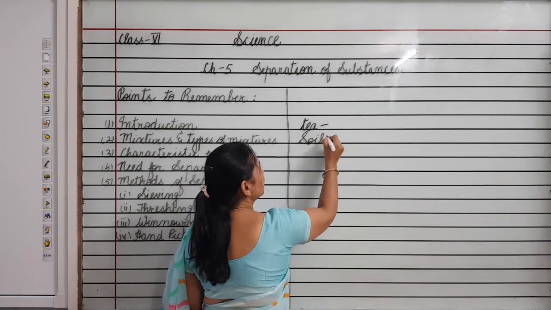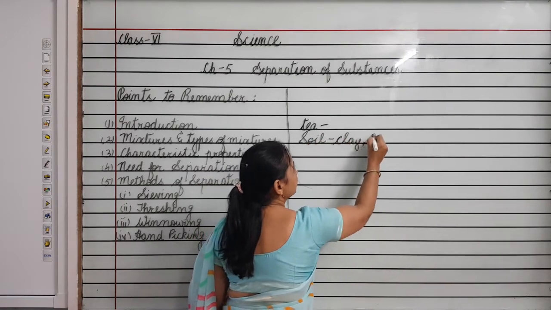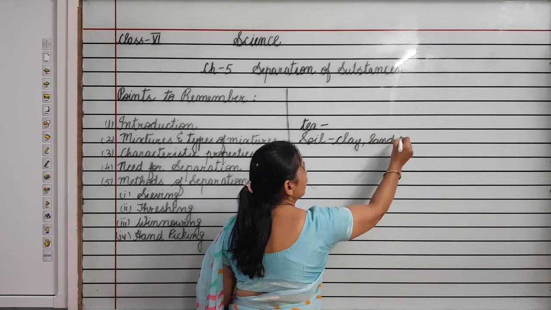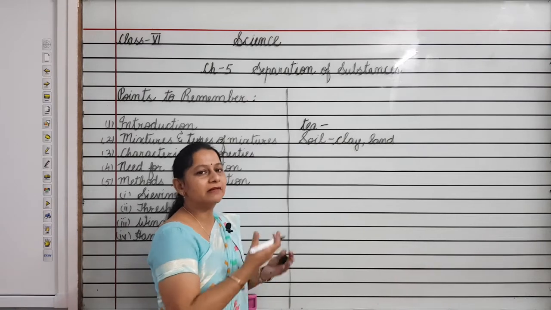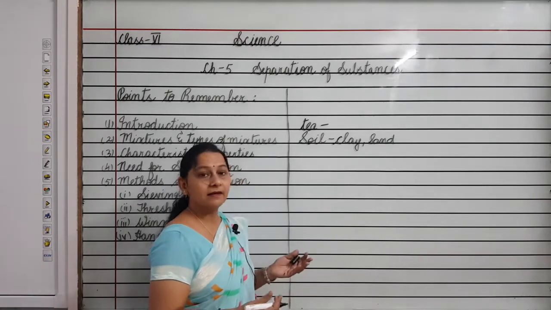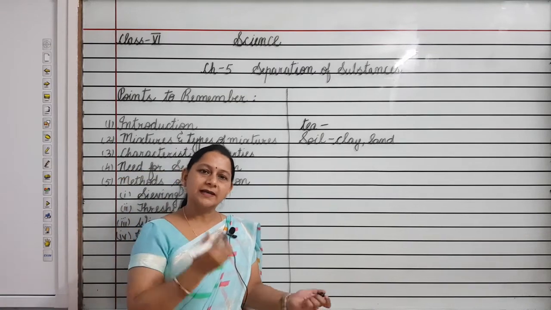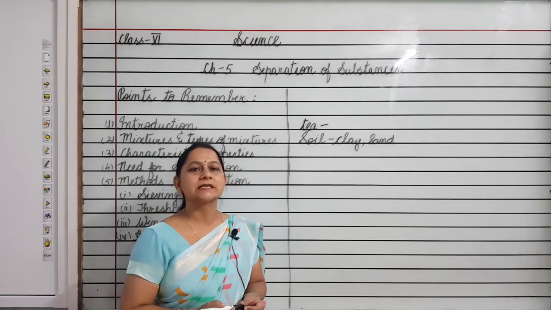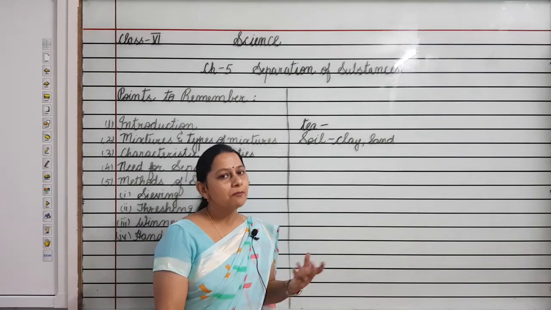Soil is a mixture of clay, sand, dead remains of plants and animals, and many mineral salts. Similarly, air is also a mixture of gases, water vapors, smoke, dust. All these things are mixtures.